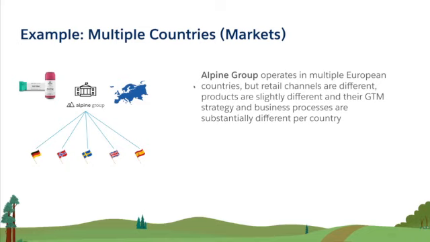So one example is in some modern markets, there is workers' council approval required in order to track GPS coordinates. While in other markets, for example, Latin America or Asia, you can activate this feature without any concerns.